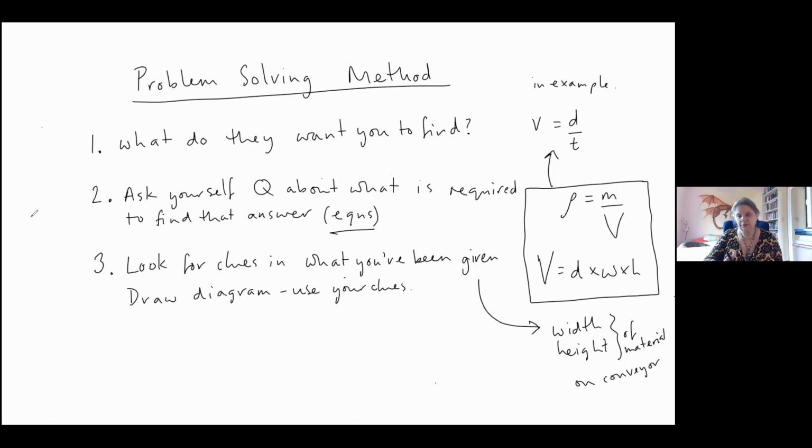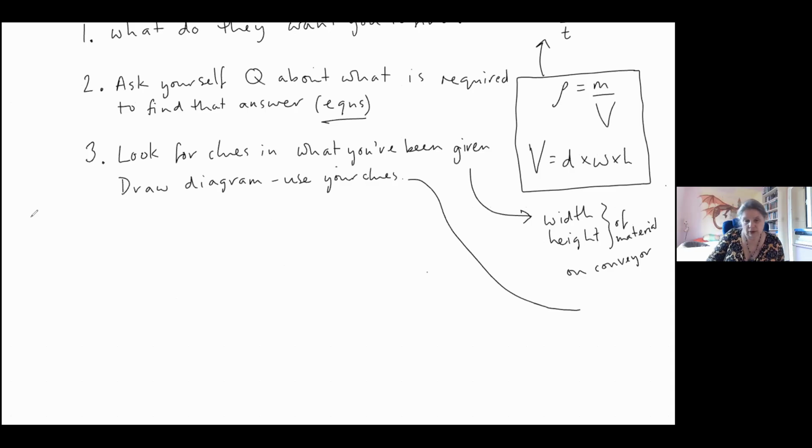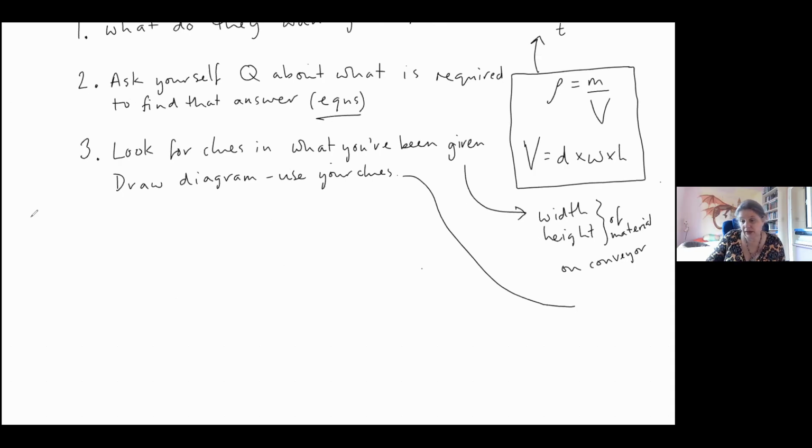The picture they gave us was only 2D, but we were given the width, so there was extra information. In my case, I drew a three-dimensional diagram. So let's add that in.